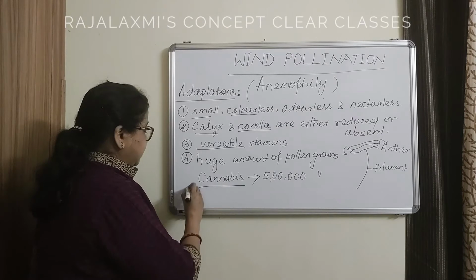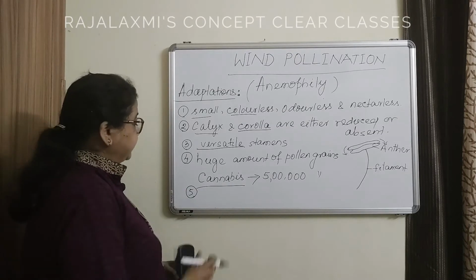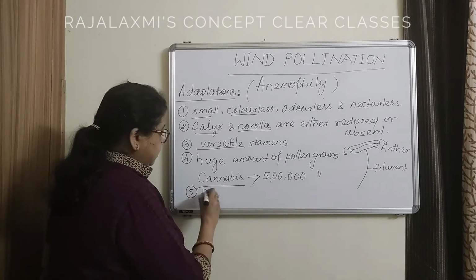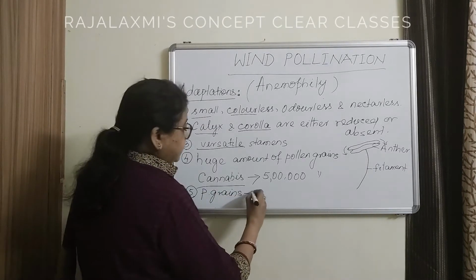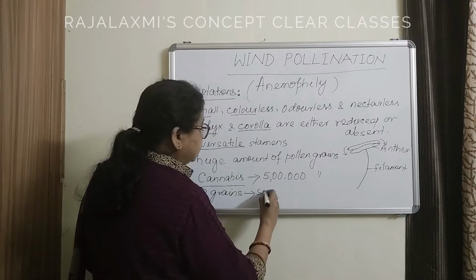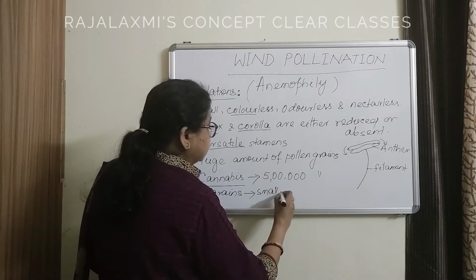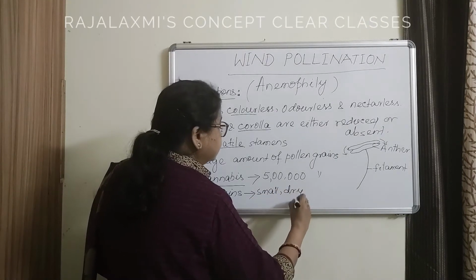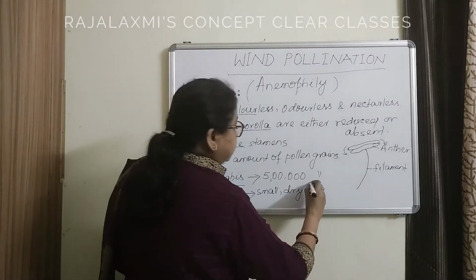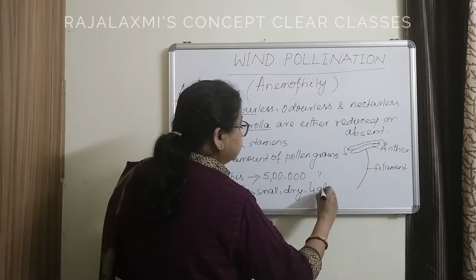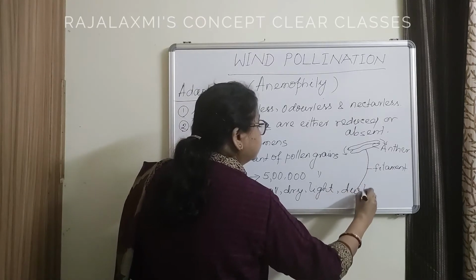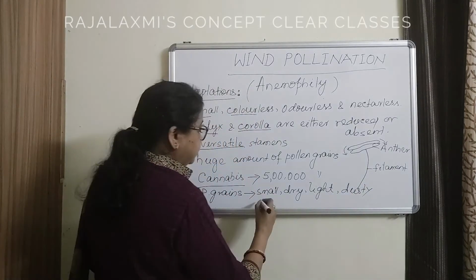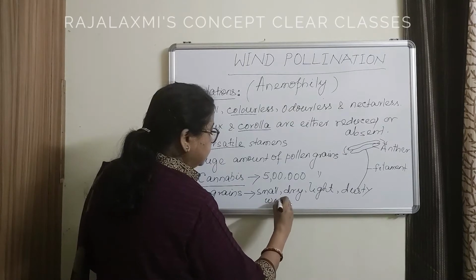Then another adaptation is that the pollen grains are small, dry, lightweight, dusty, and sometimes winged.